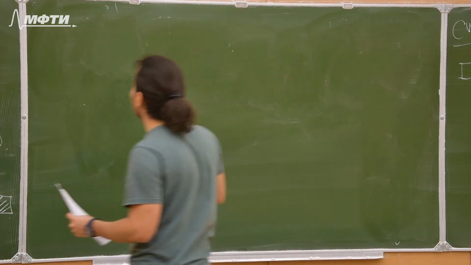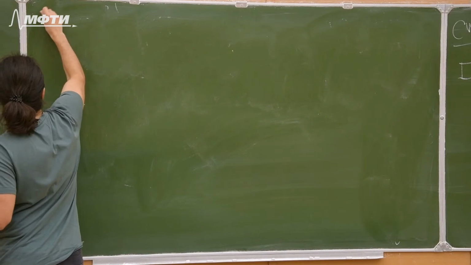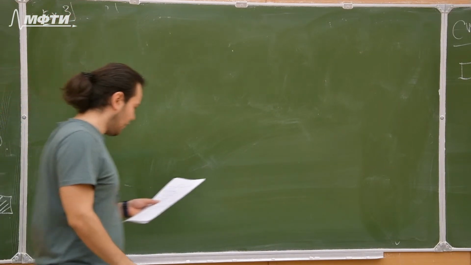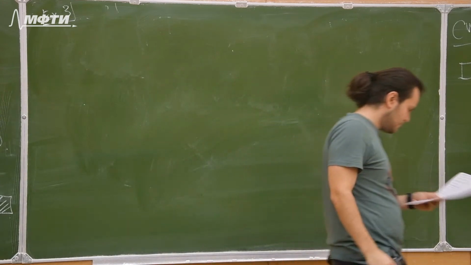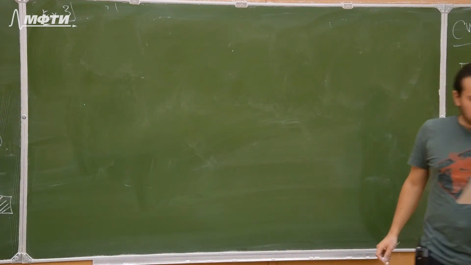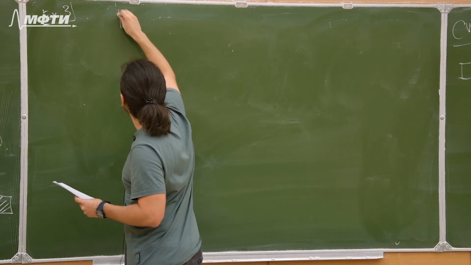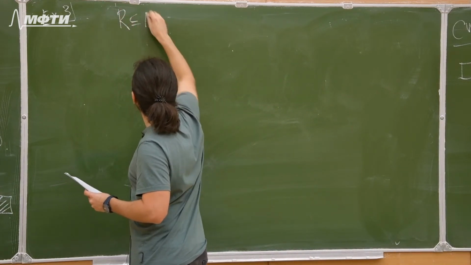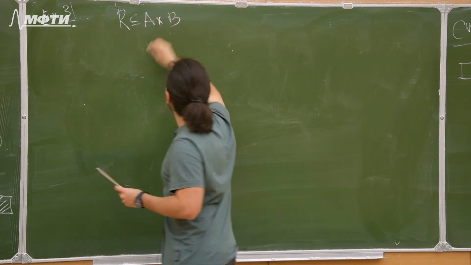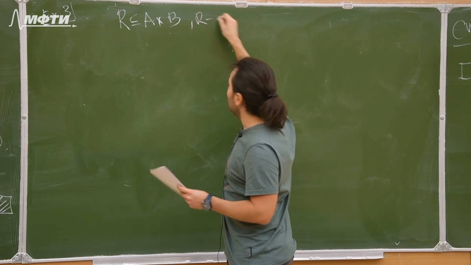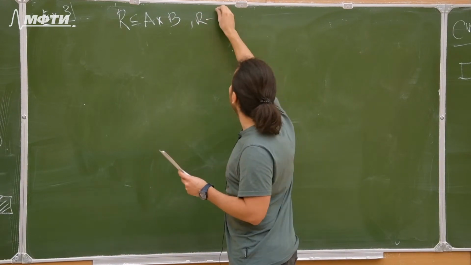Exercise number 3. So what do we have here? We have that R is a relation from A to B, and R is total.